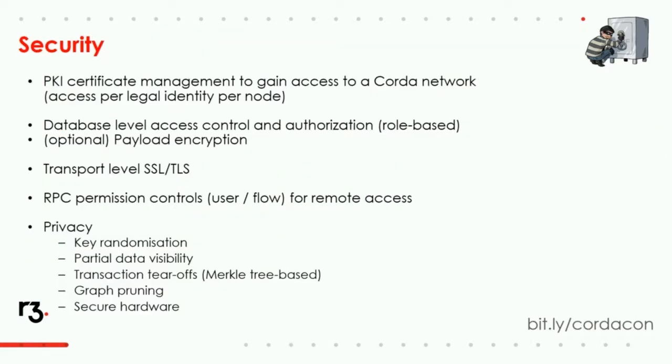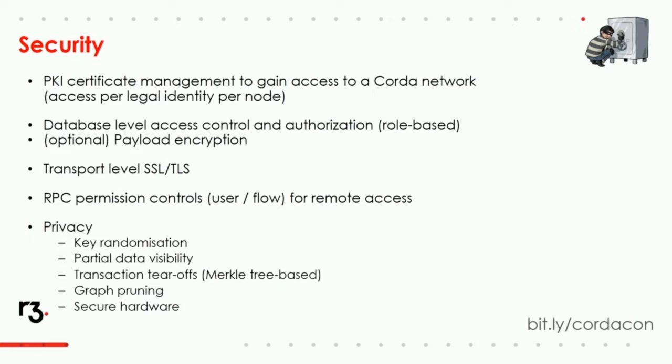Now, I won't go into detail on security, but Corda has been built from the ground up with security in mind. So the whole of Corda is based around a PKI certificate management mechanism. Every node on the network has a legal identity, which has its associated certificate. At the database level, we use authentication and role-based access control.